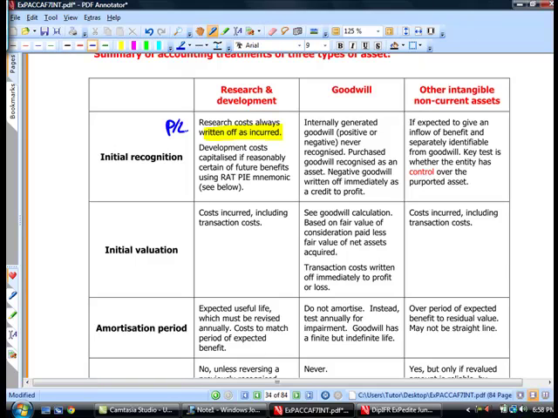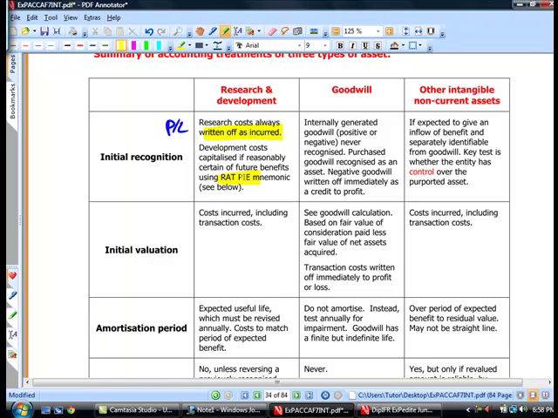That can be easily remembered by the mnemonic RED PIE. R stands for resources to complete the project, ability to complete the project, technically feasible, probable future economic benefit, intention to finish, and measure the expenditure reliably.